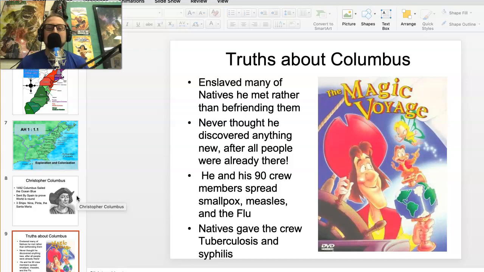He enslaved many of the natives he first encountered, and it's important to note that to say Christopher Columbus discovered America is being very generous, because while he did land in what is now North America, he thought he was in India, which is why he gave the term Indians to the people who were Native Americans. That's why you hear Indians and Native Americans.